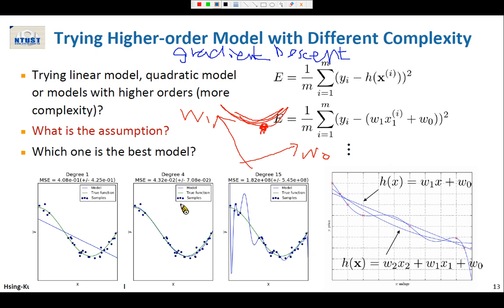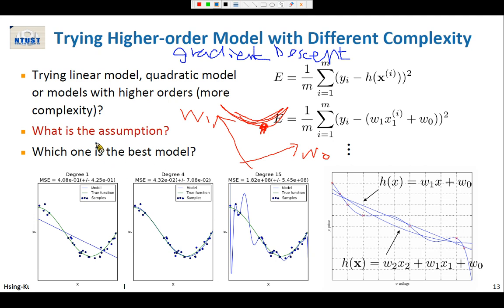Even if we know, based on our visualization, that degree 4 is the best, or we check the stability, the problem is that we don't have time to try all of this. So painful, right? How can we try degrees from 1 up to 15, then decide that degree 4 is the best? Usually it's not that trivial. But as an explanation, I show you that stability, or model variance, is something we have to pay attention to when deciding the best model.